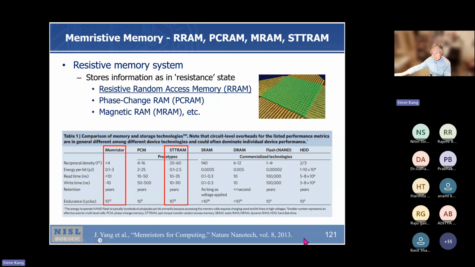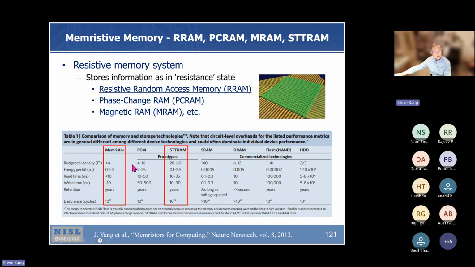It is somewhat earlier, 2013, in terms of density, right? And then see, Memristor is like 4F squared, while STT RAM, spin torque transfer magnetic, is 20 to 60, so it's a significant increase.